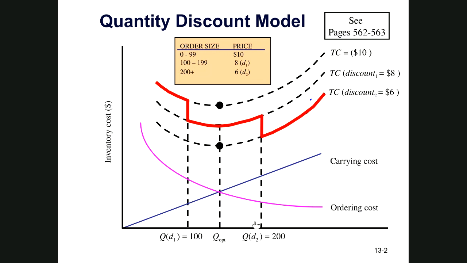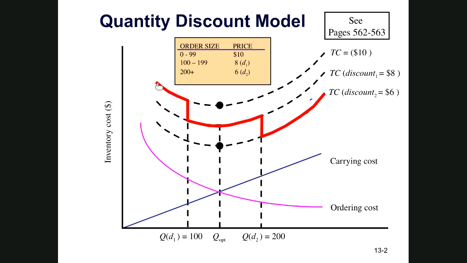And because on this x-axis we're looking at the quantities ordered, and the y-axis is our inventory cost, what happens is that for any number of items that we purchase less than 100, we have to pay $10 per item.